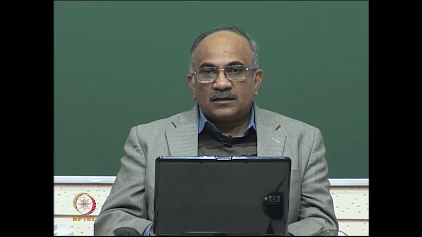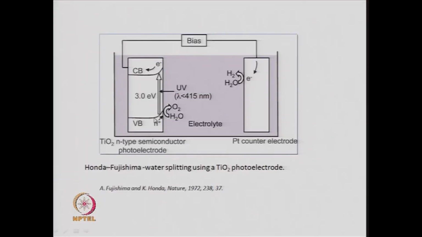Normally, the semiconductor is coated on another metal which acts as a foil behind it to give it mechanical strength and conductivity, but the actual reaction of light is with the semiconductor to generate the electrons and the holes. So, that is the photoelectrode.